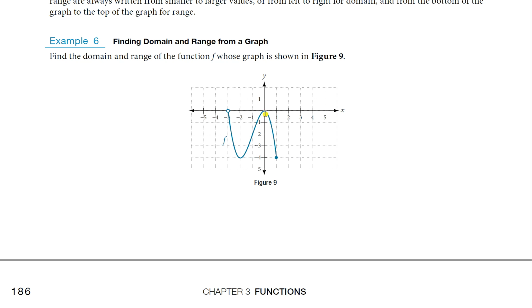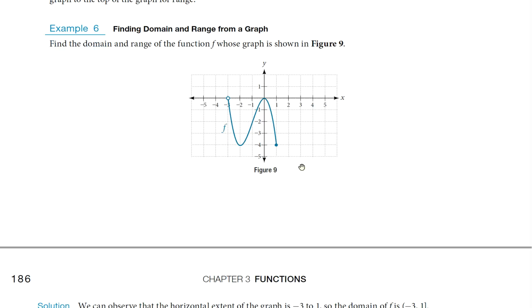Actually, there is a point where the value is 0. It's the point 0, 0. So 0 is actually part of our range. And we get all numbers all the way down to -4 included because of the full dot. So it's actually a closed interval from -4 to 0 with the bounds included.